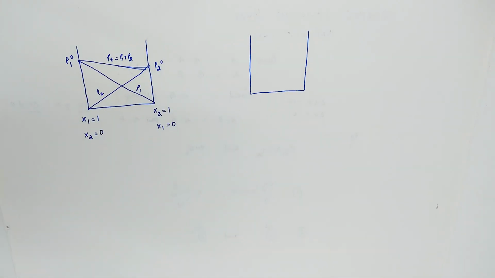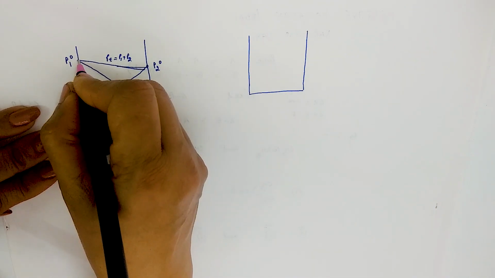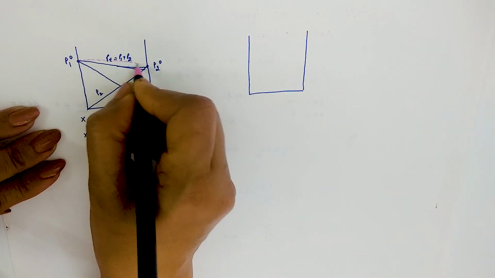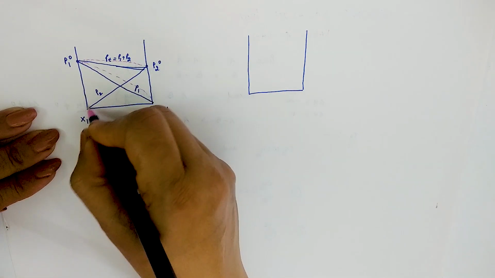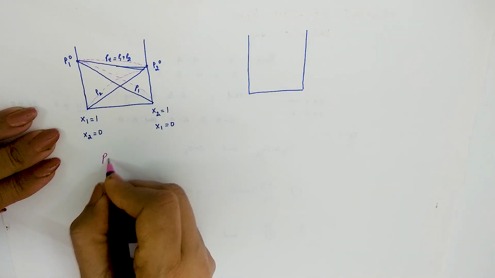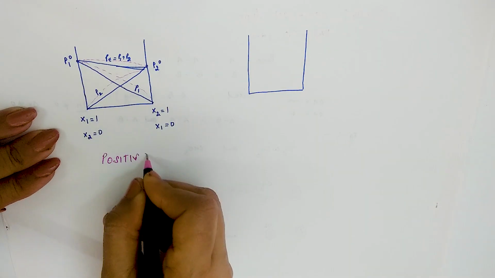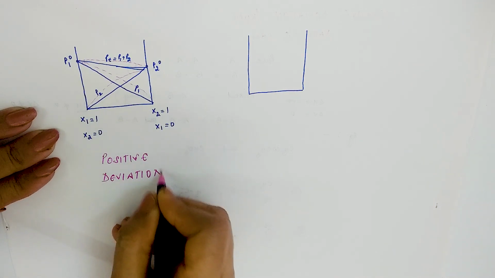Now, when I am talking about the positive deviation, there is an increase in the vapor pressure. So, this will be above, this will also be on the top, and this will also be on the top. This is which deviation? Positive deviation.